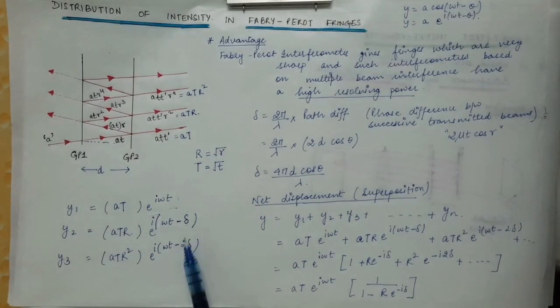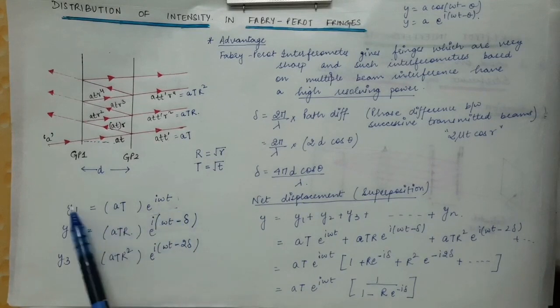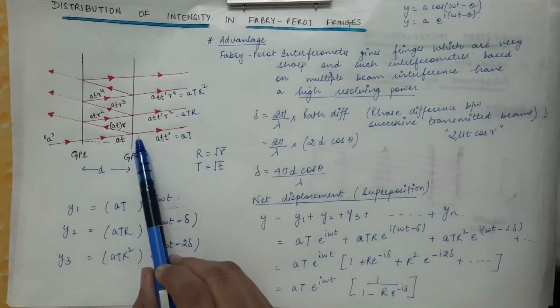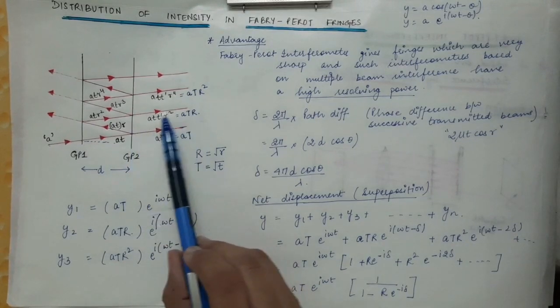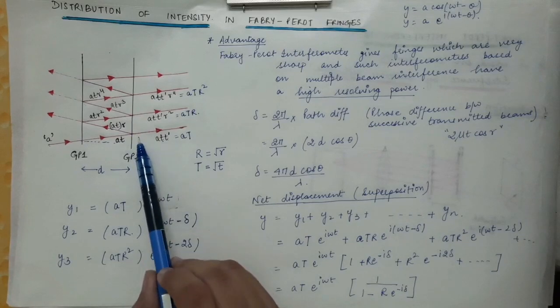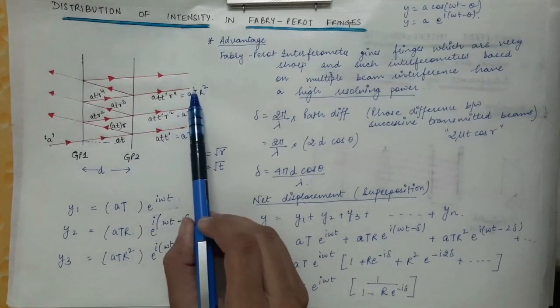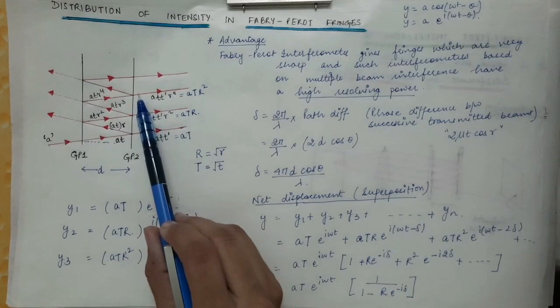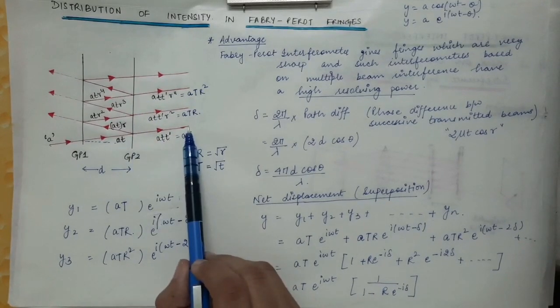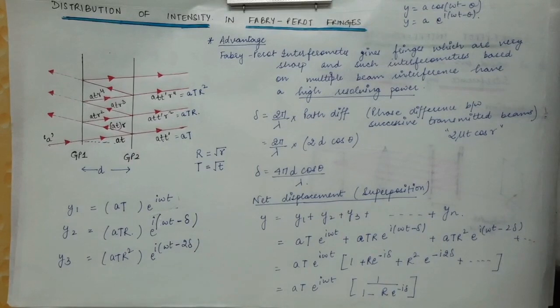This delta is in reference to the first transmitted ray, which does not have any phase. The second has a phase of delta, and the third differs by 2 delta with respect to the first transmitted ray, so we have written 2 delta here.